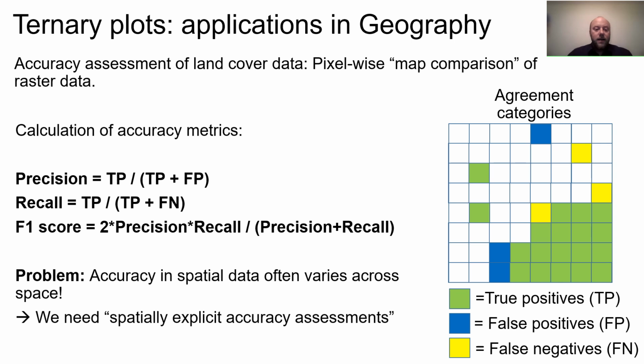So accuracy is a spatially varying phenomenon. We cannot just come up with one number that quantifies the accuracy for a whole country or study area. So what we need are so-called spatially explicit accuracy assessments that aim to quantify the accuracy at finer spatial scales.